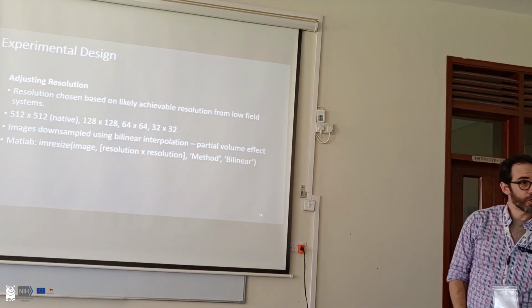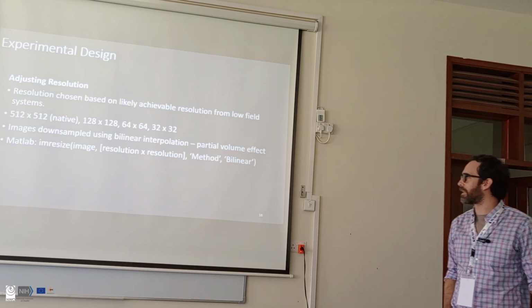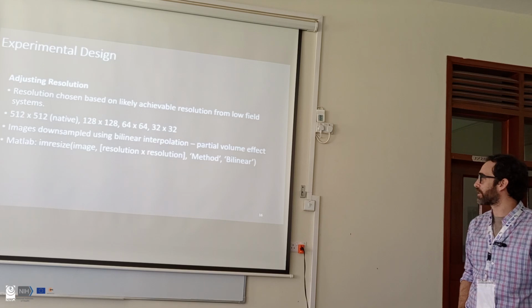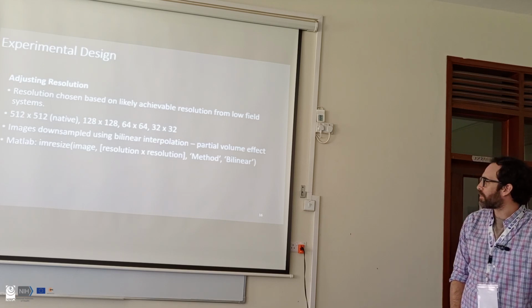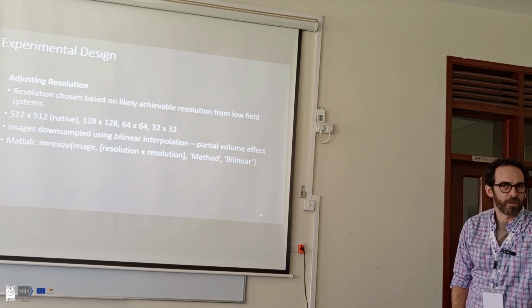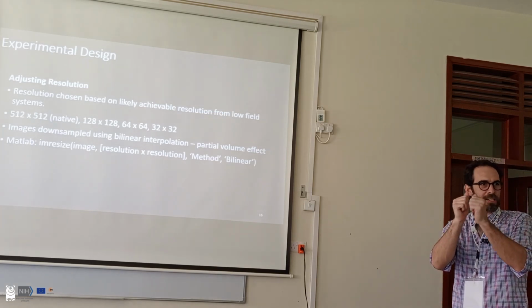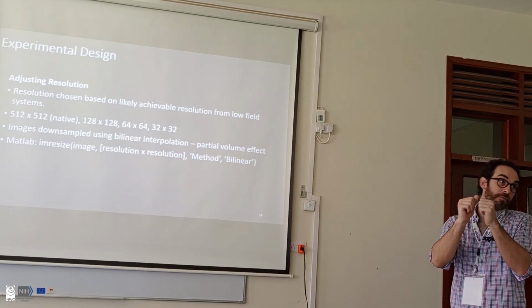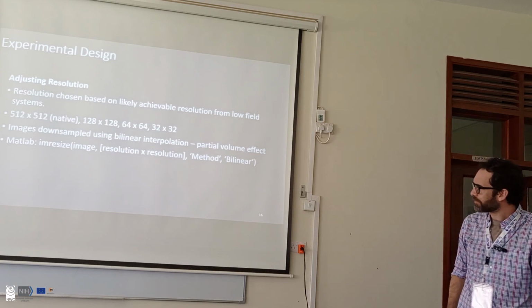We adjusted the resolution of the image by downsampling using bilinear interpolation. This is a very simple way to do it. We thought of the bilinear interpolation as encompassing the partial volume effects of two side-by-side pixels where it was a different grayscale value, you would end up getting the average of those two.